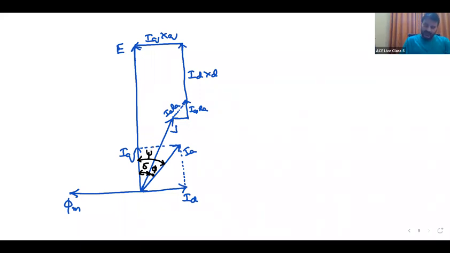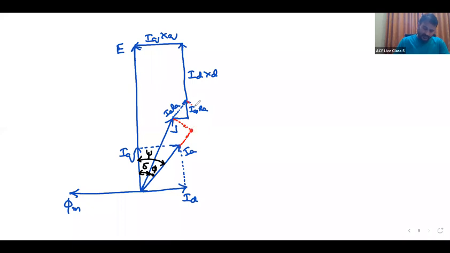Now let us divide this into two components. V can be divided into two components, V cos phi and V sin phi. V is divided again into two components: this is one component, V cos phi.